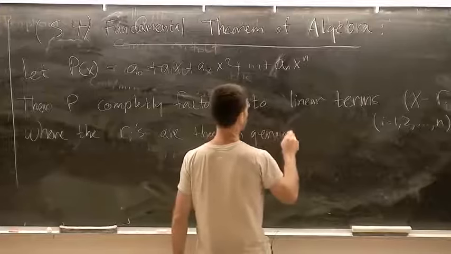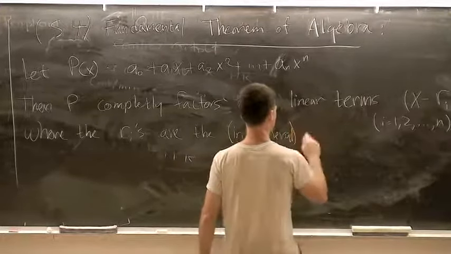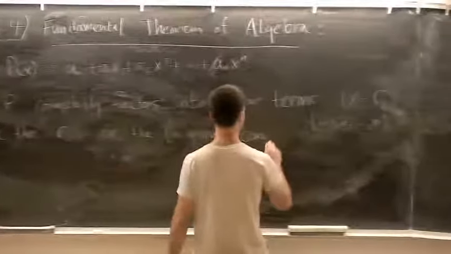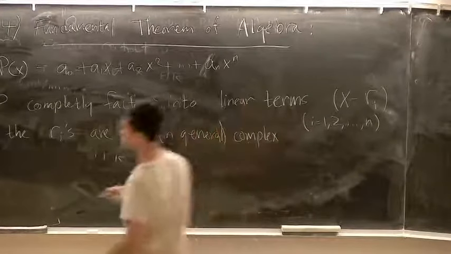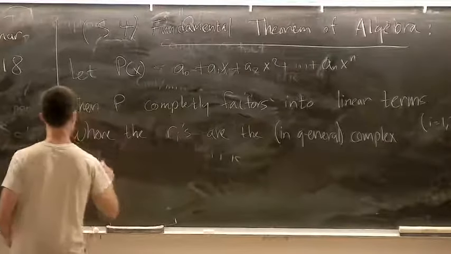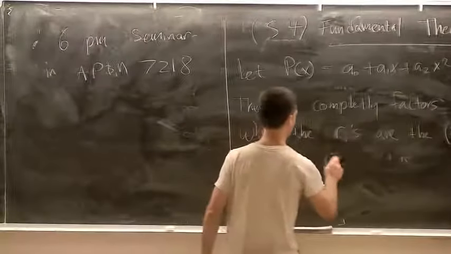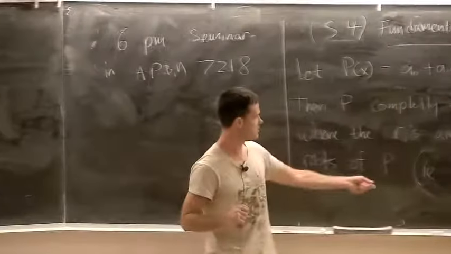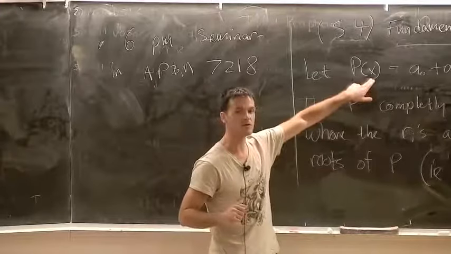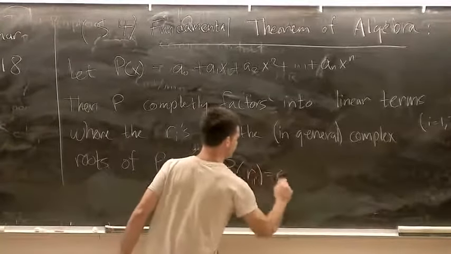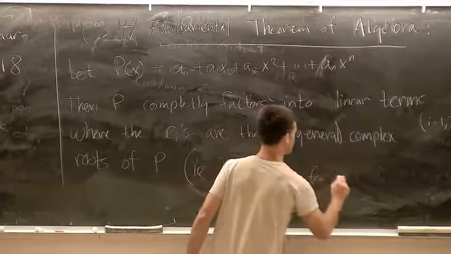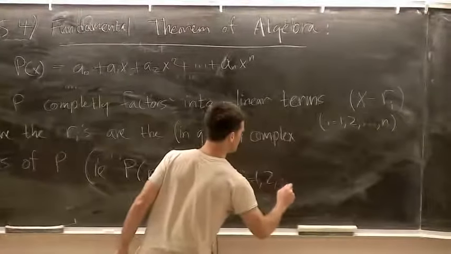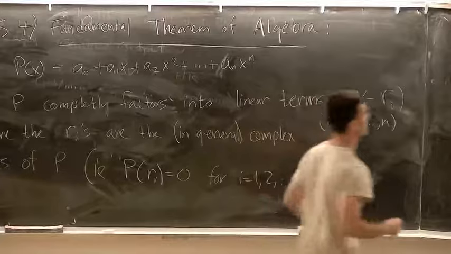So in general, the ri's are the, in general complex, roots of p. And if you don't remember what a root is, it's a number that if you plug it in, you get 0. So p of ri is 0 for i equals 1, 2, up to n.